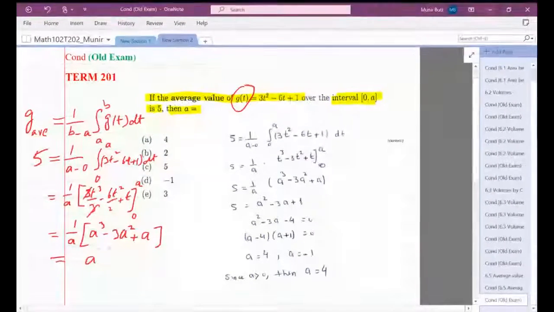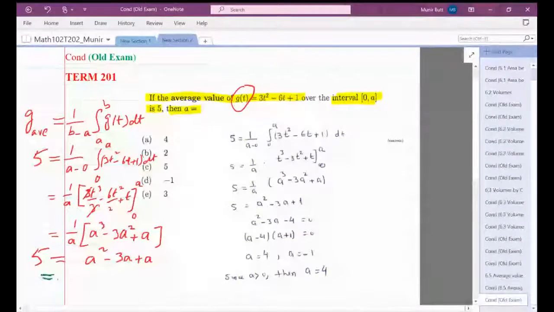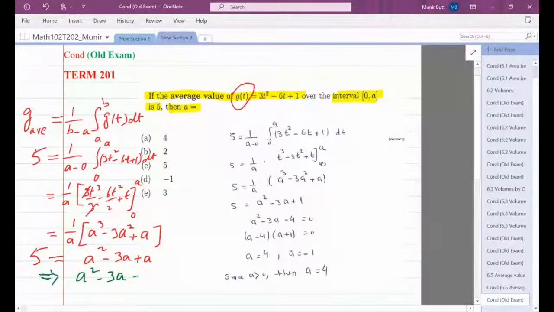Then you divide by a, and you get a square minus 3a plus 1. And this is equal to 5. Now you can write it as a square minus 3a plus 1 minus 5, so it will be a square minus 3a minus 4 equal to 0.